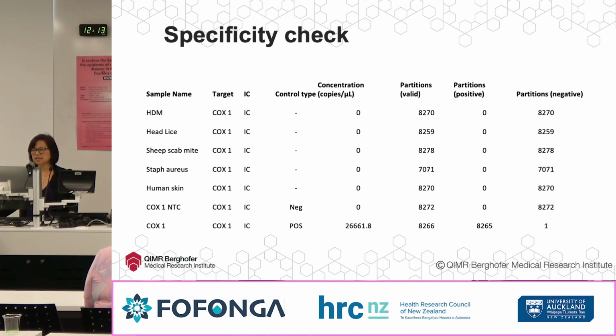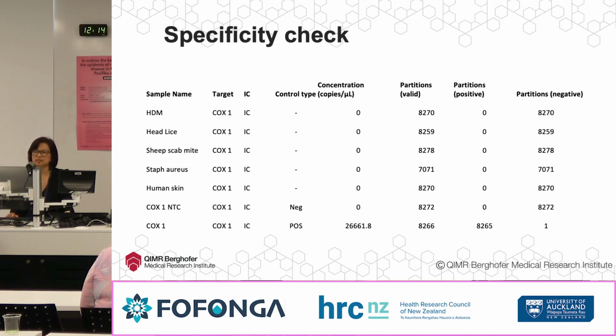And you can see here that we never detected any copy in this column with all the other skin conditions that are not scabies. So again, this is a highly specific and highly sensitive assay, and we are in our early stages, and this is COX-1. We still have to do the other targets, just like how we optimized our first.